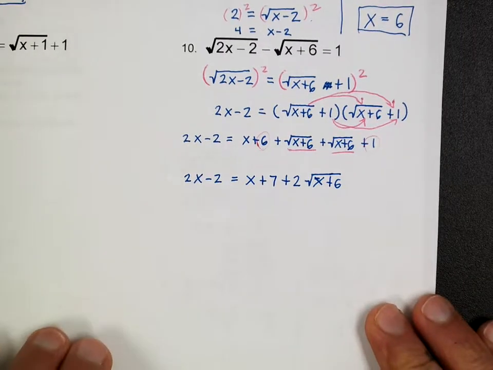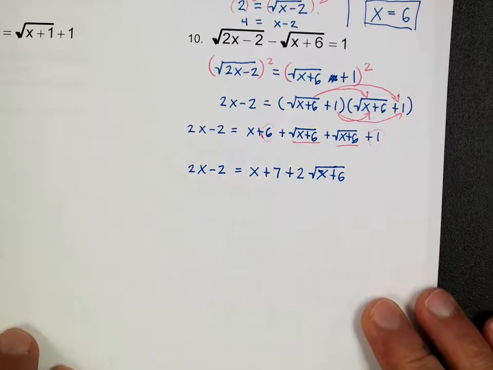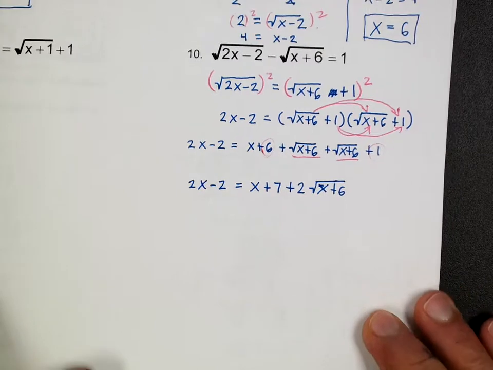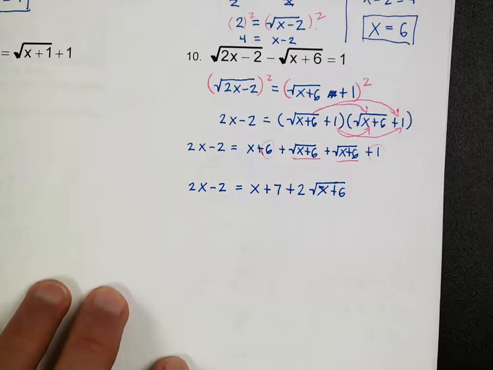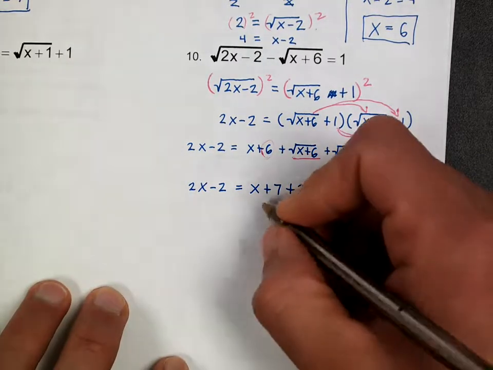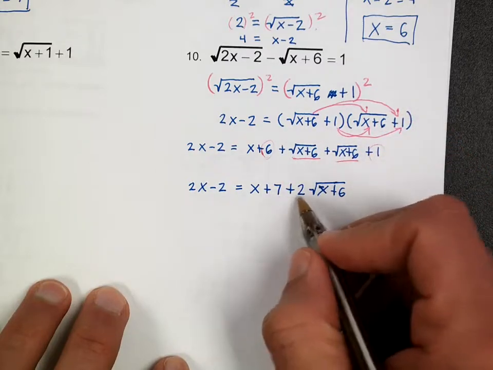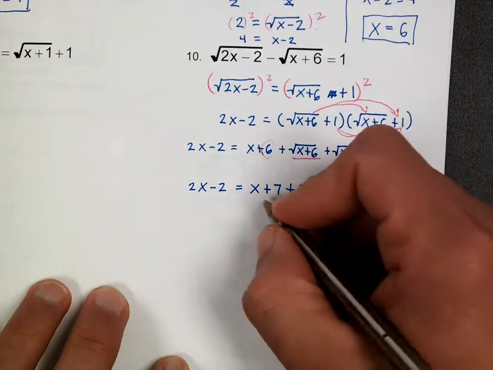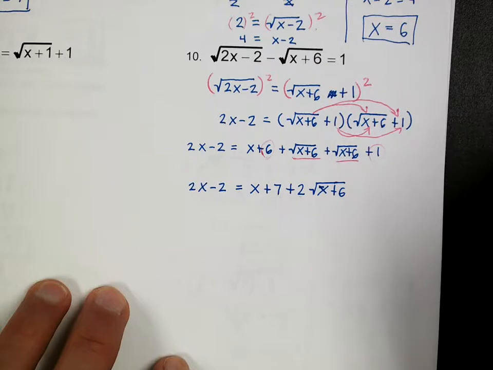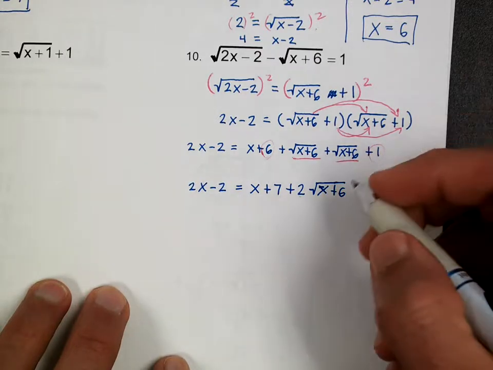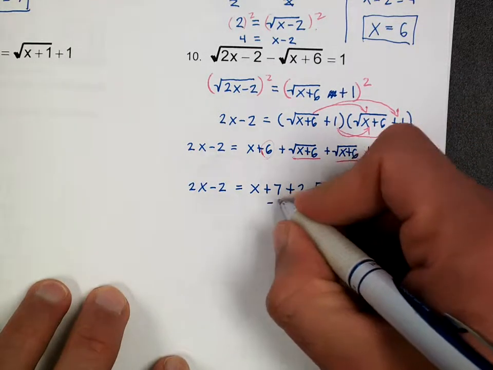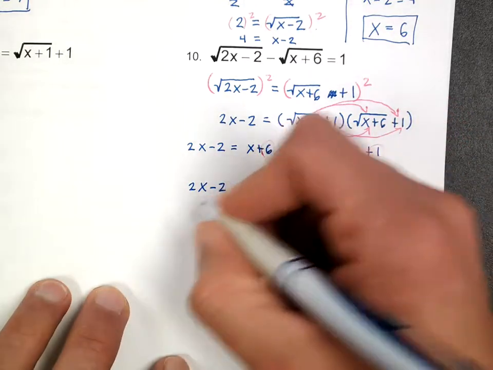Alright, so after that, okay, so now we're sort of back to what we were doing before. We want to isolate the radical. So we're going to subtract the 7. Be careful not to add those two. Remember, this 2 is attached to this. So we're going to subtract the 7 from both sides.